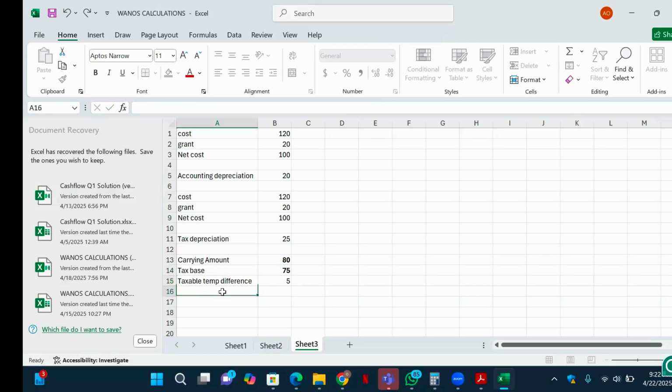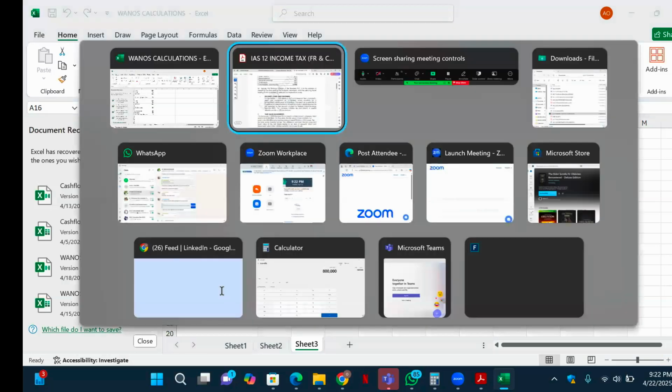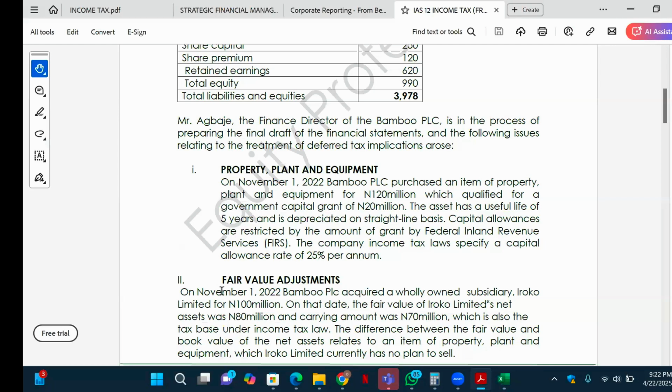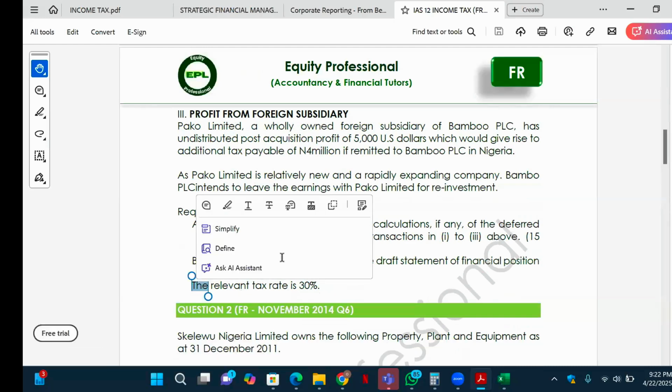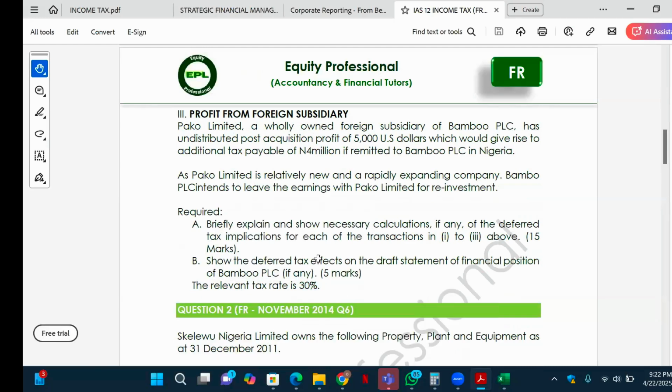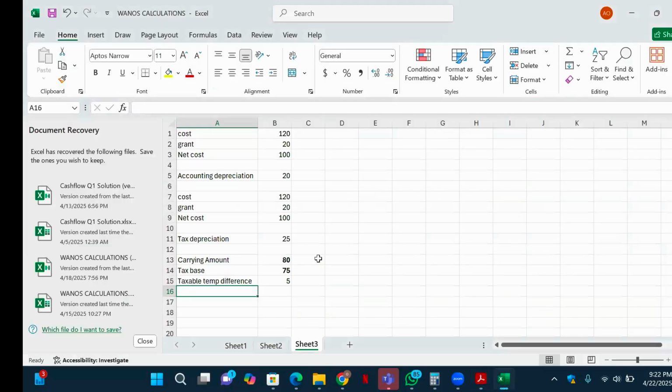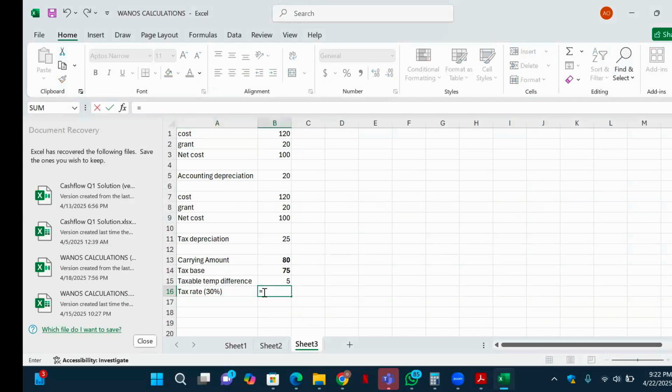Now, what is the tax rate? According to the question, they give us tax rates because that's also important. All right, if you come down here, you will see it. They say tax rate is 30%. I want to beg you, please, don't confuse tax rates with capital allowance rates.